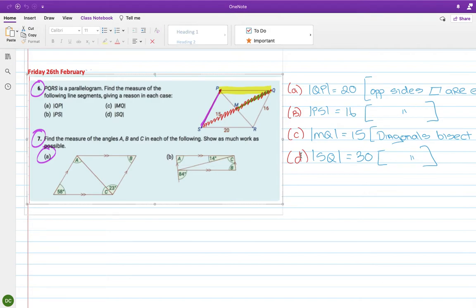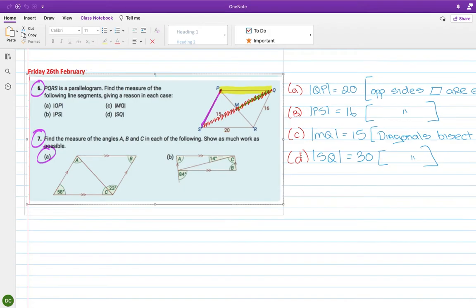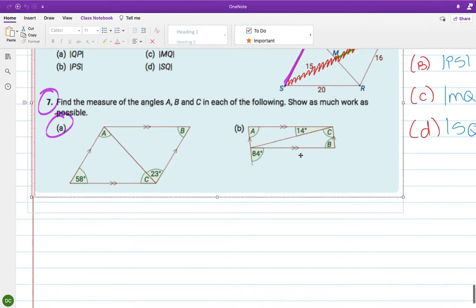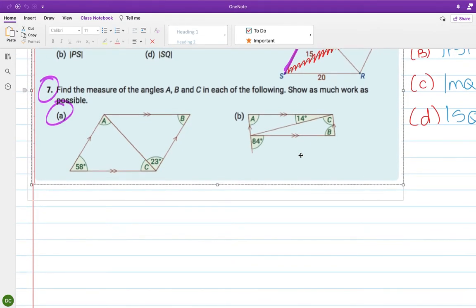Okay, we just had to do the first one. Find the measure of the angles A, B, and C in each of the following. Show as much work as possible. Okay, first one I'm seeing is this angle here and this angle here are the same because they're opposite angles in a parallelogram.